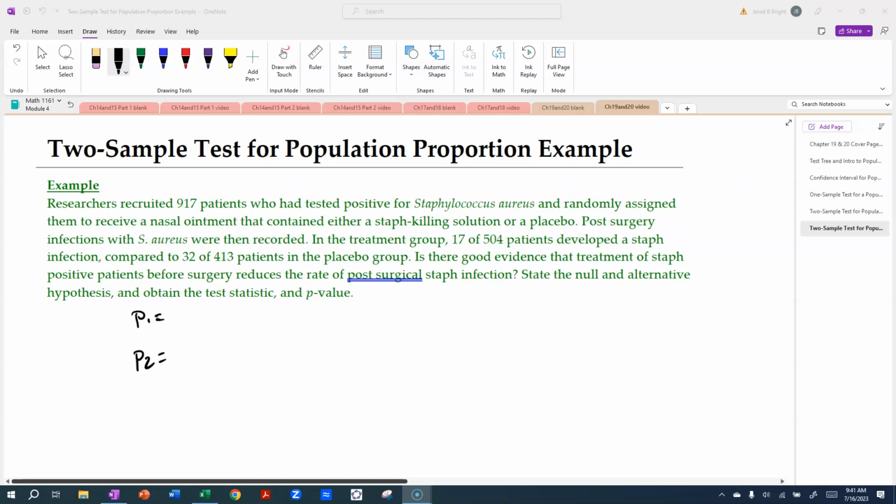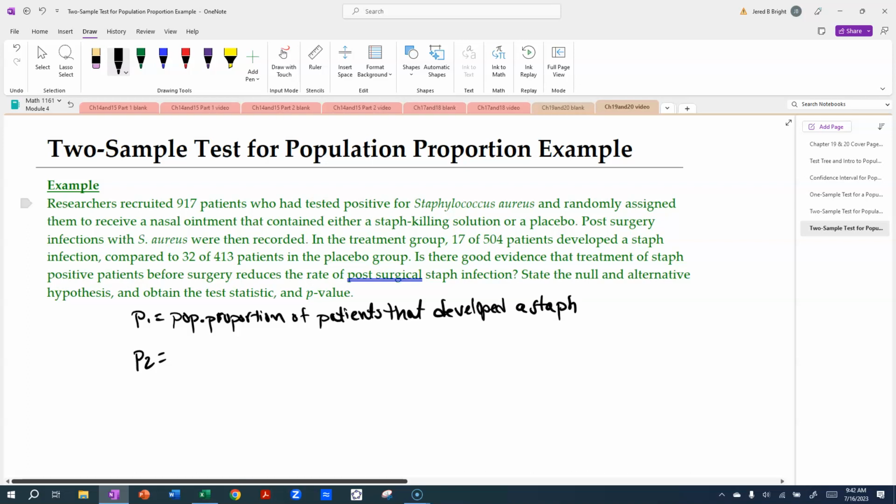This would be the population proportion of patients that developed a staph infection with treatment.